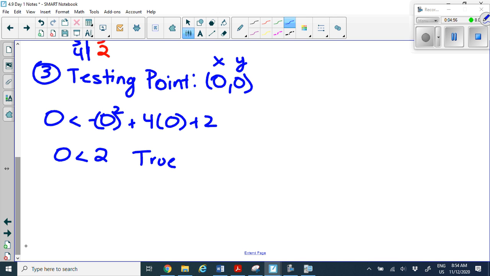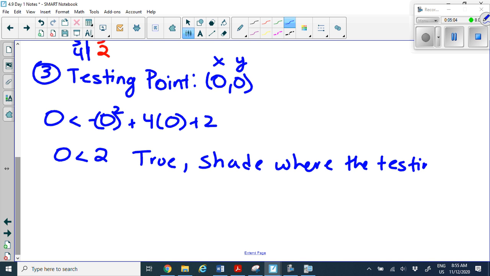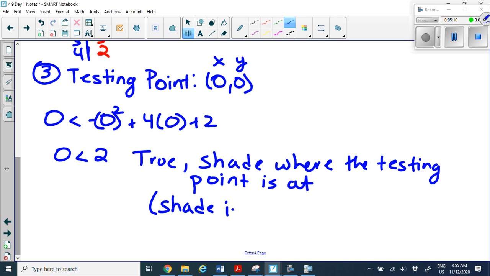So since it's true, we are going to shade where the testing point is at. And so since (0, 0) is inside the parabola, we are going to shade inside the parabola.